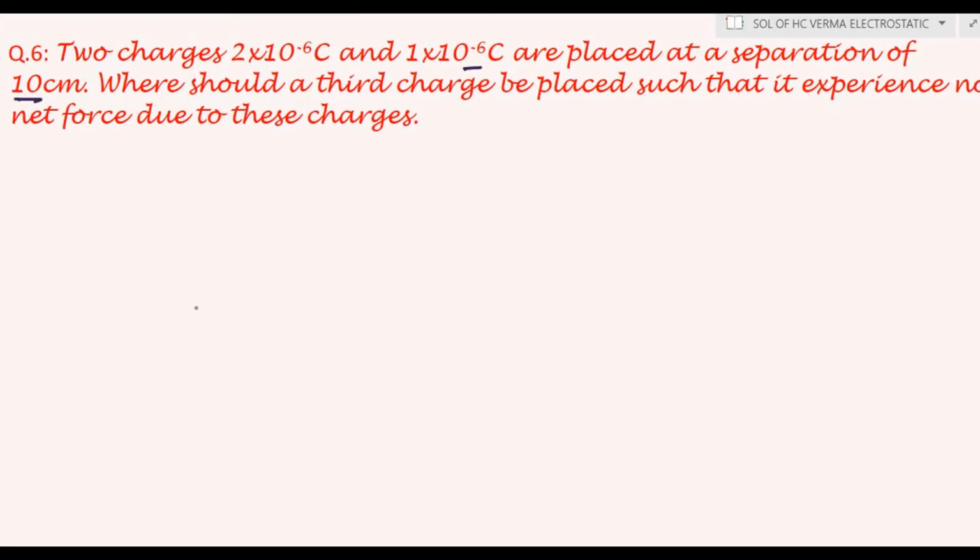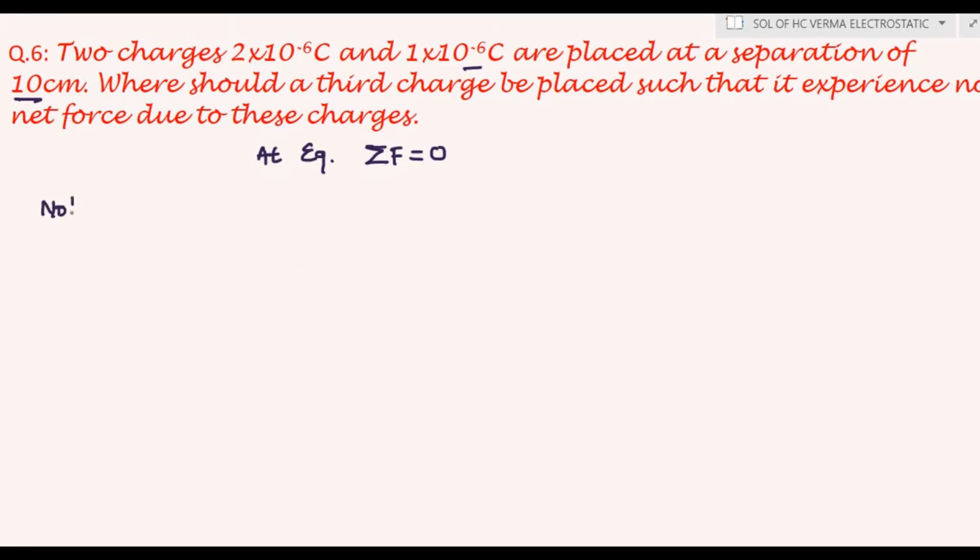Where should a third charge be placed such that it experiences no net force? That is a problem based on equilibrium, electrostatic equilibrium. What is electrostatic equilibrium? At equilibrium, the sum of the forces acting on that particular point will be 0. If the sum of the forces is 0, let's see how you solve this problem.